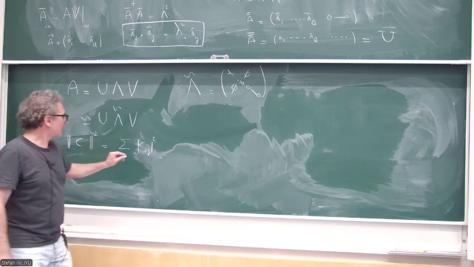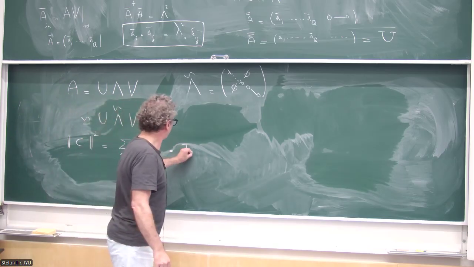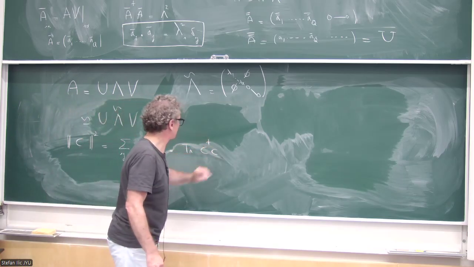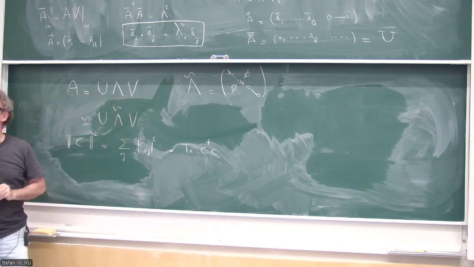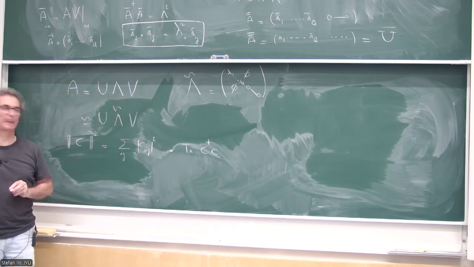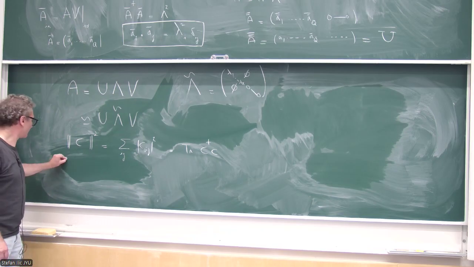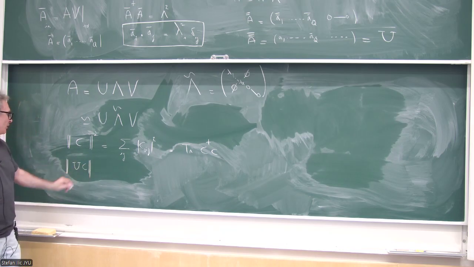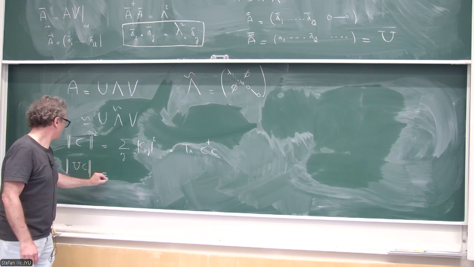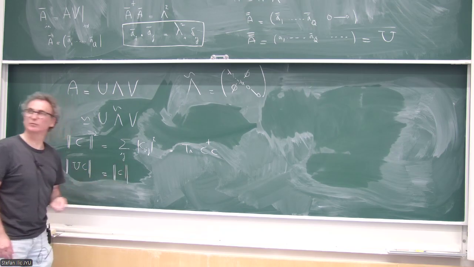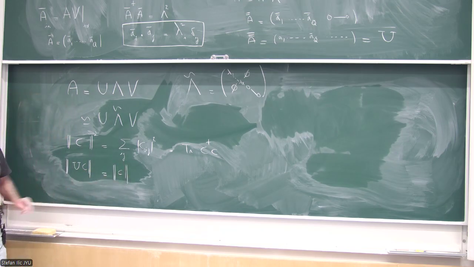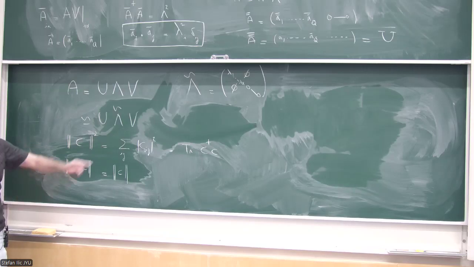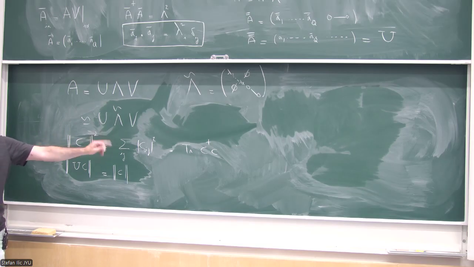Which you can rewrite as the trace of C dagger C. If you have a unitary matrix U, then the norm of UC is equal to the norm of C. It's just due to the fact that C dagger C is C dagger U dagger UC, and the U dagger and the U just cancel each other.